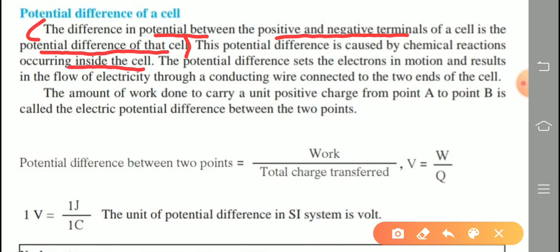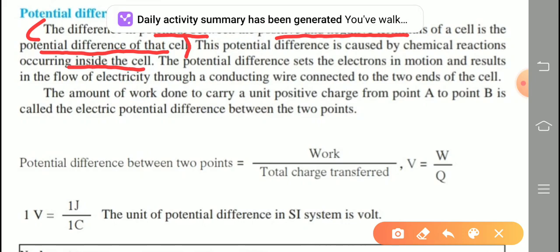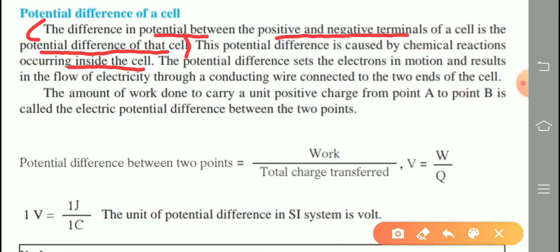I think in previous standard you learned about different types of cells. So cell means what? That is an electric cell. The potential difference sets the electrons in motion and results in the flow of electricity through a conducting wire connected to the two ends of the cell.